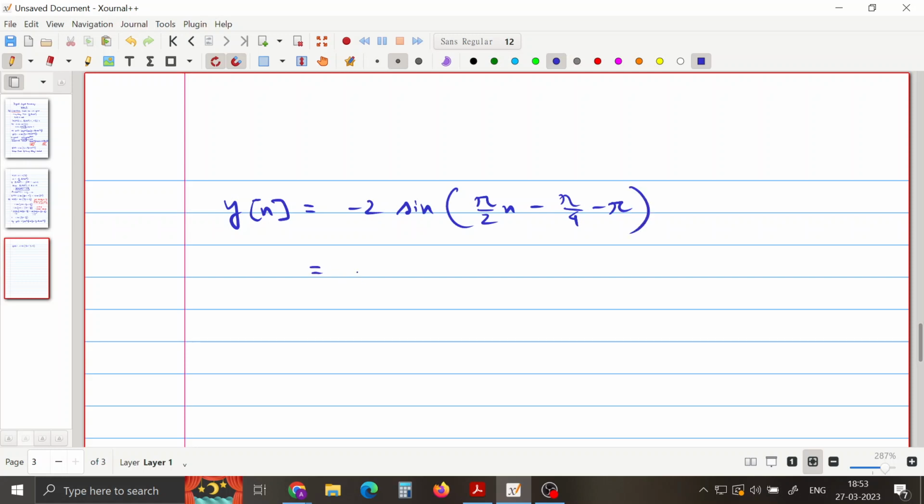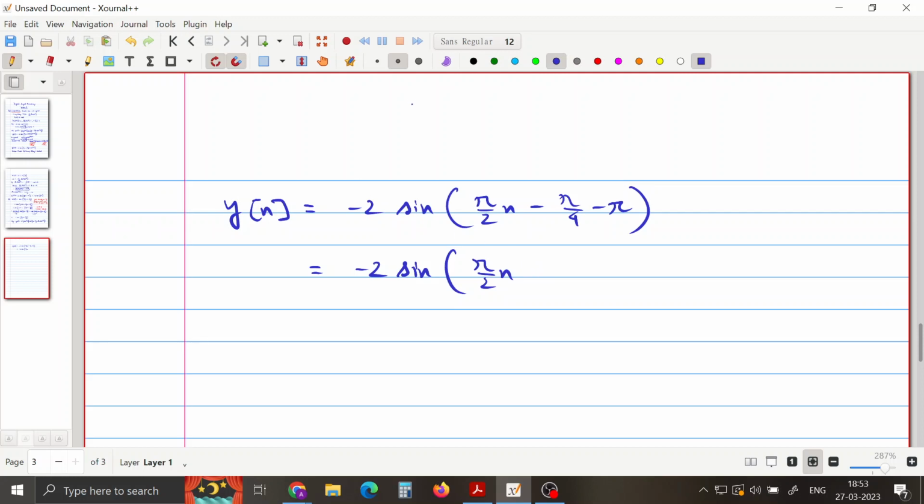So this is minus 2 times sine pi by 2n, okay.